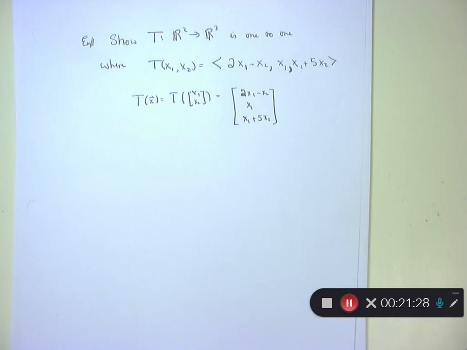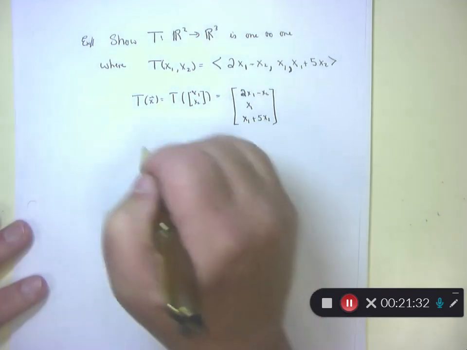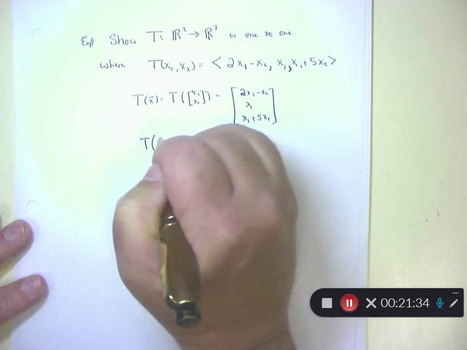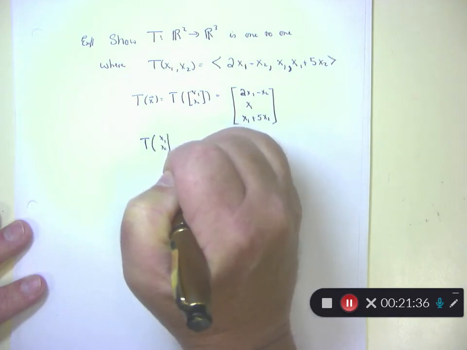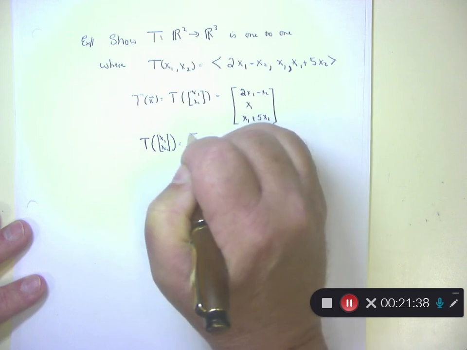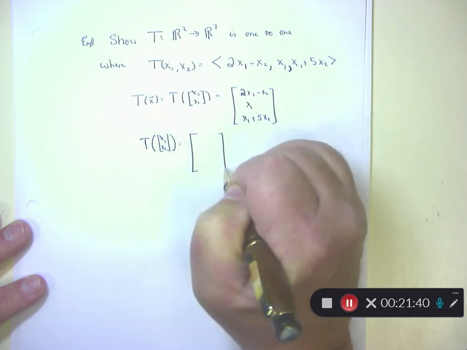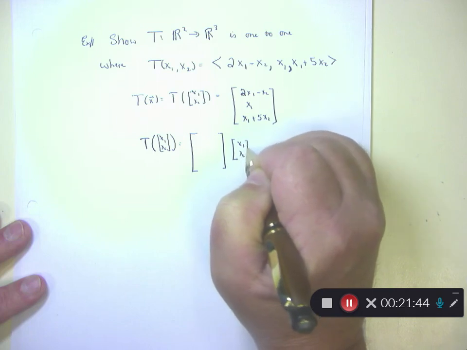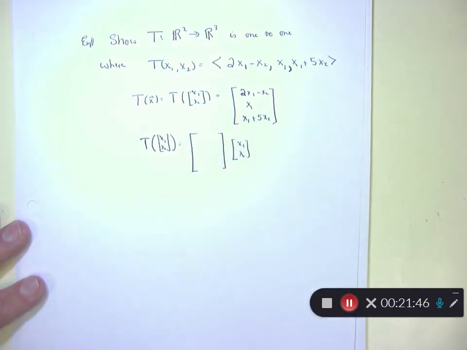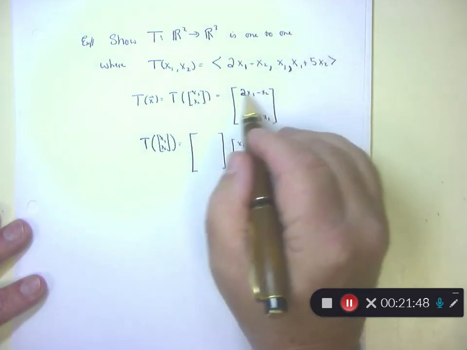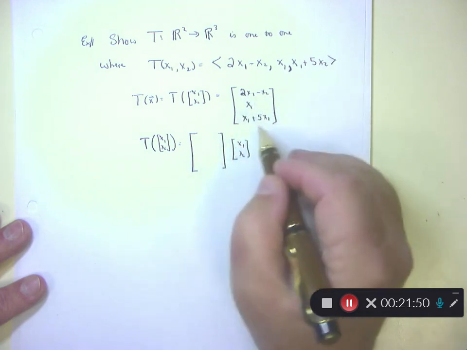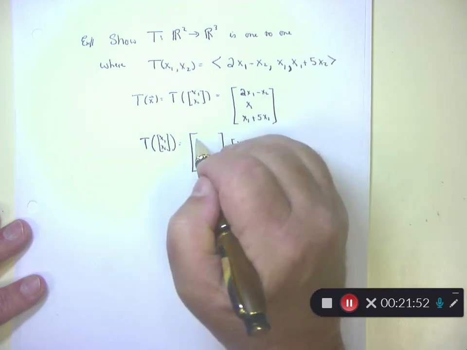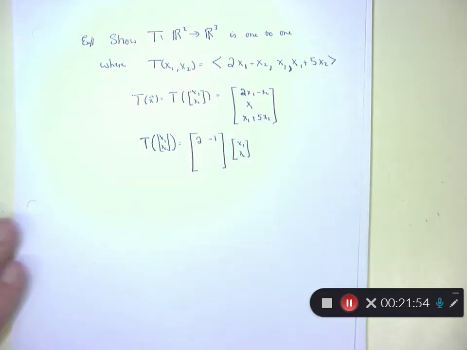Now, let's write it as a matrix. So this T of x1, x2 would be equal to what times that vector x1, x2. Remember, row by column. So the first row, I have to have 2x1 minus x2, so that's going to be a 2, -1.